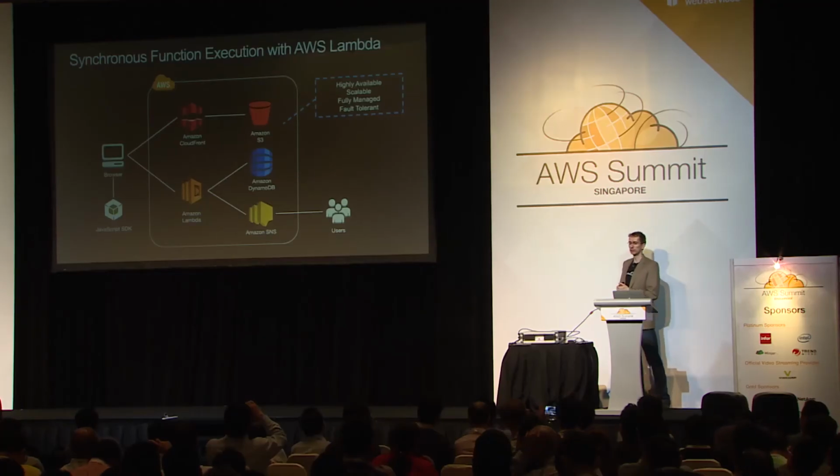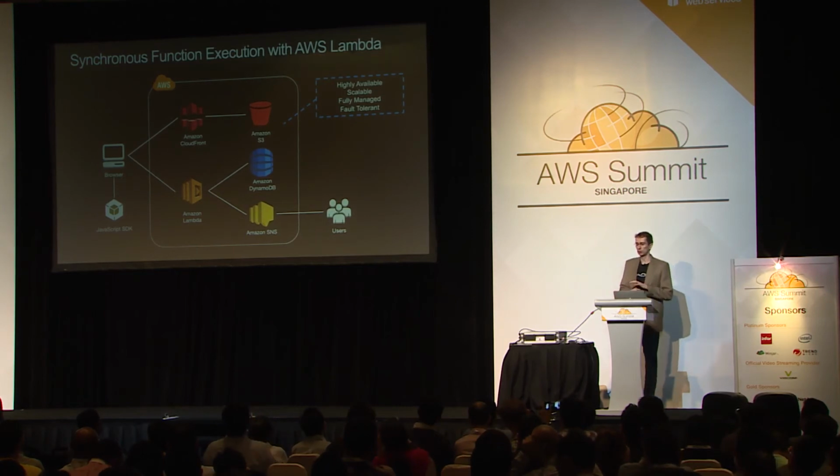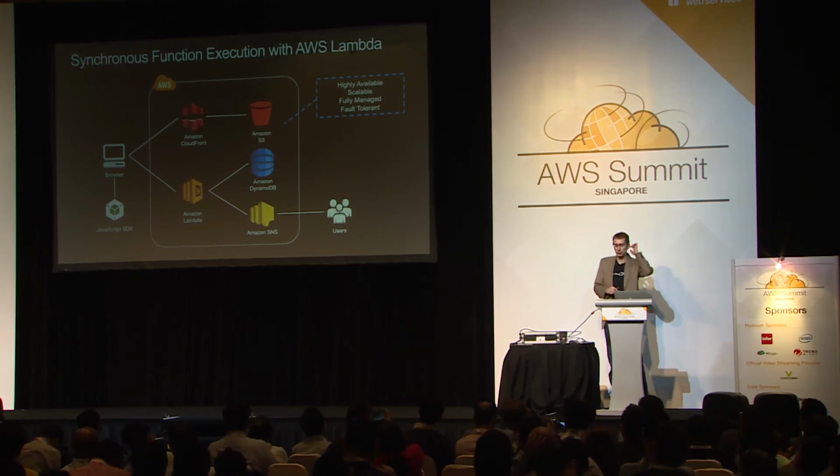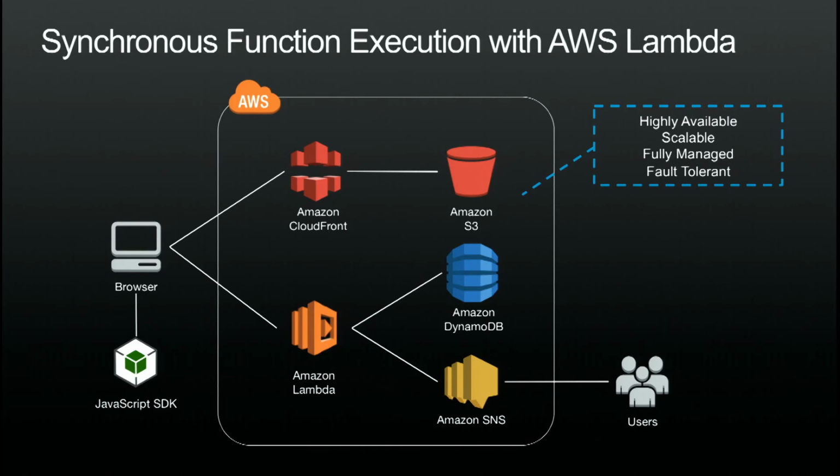So the second demo I would like to show you is exactly that. Let's take a look at synchronous function execution with AWS Lambda. It's similar to the previous demo. We are still going to use the browser, the AWS JavaScript SDK for the browser. We are going to deliver the JavaScript application from S3 to the browser, just like you saw earlier.